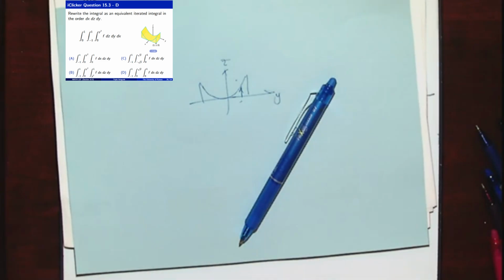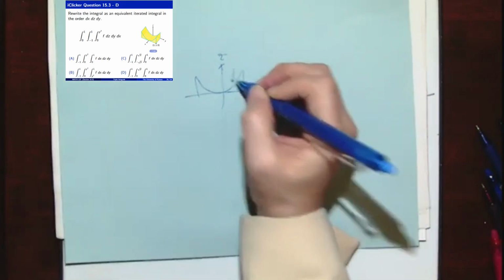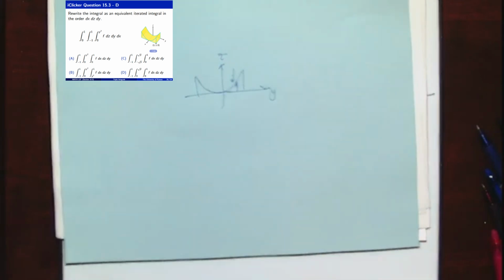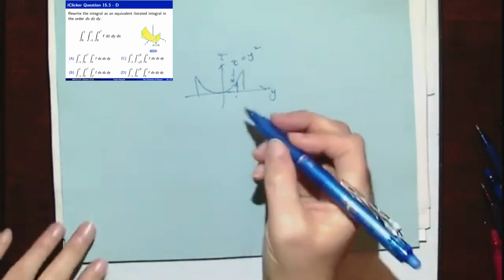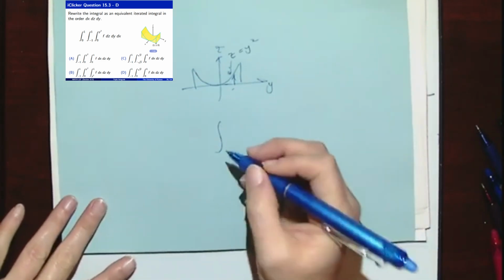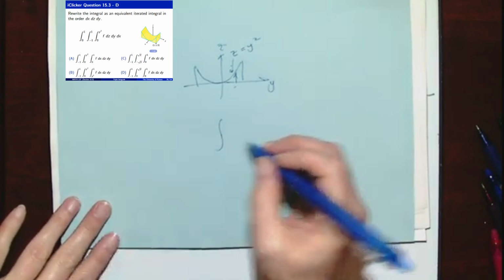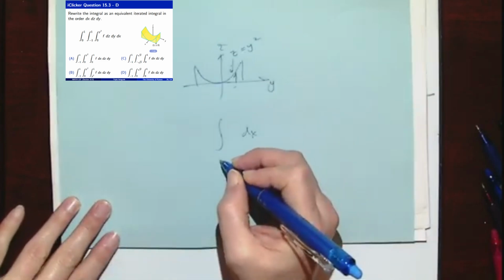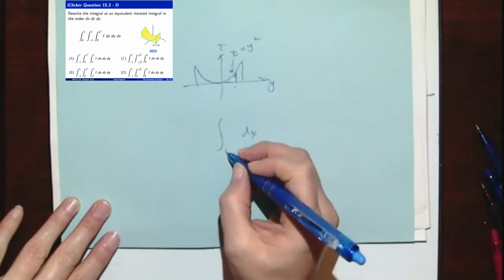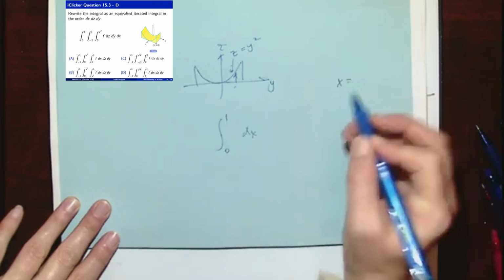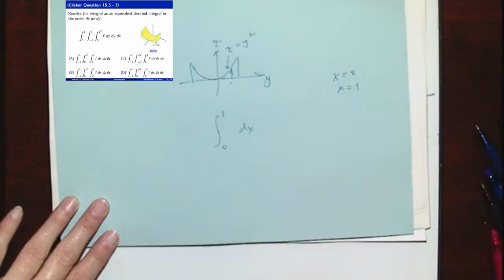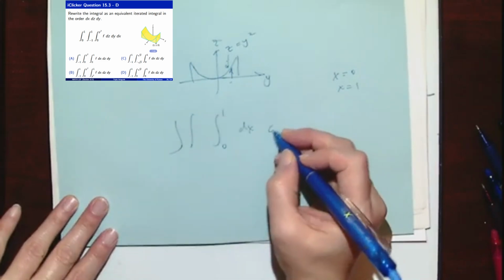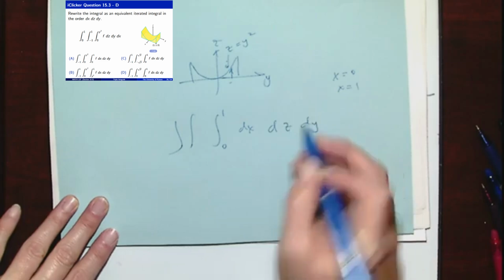No? What is this parabola? Z equal to y squared? Okay, so the most inner is what? dx goes from what to what? It goes from the plane x equal to 0 to x equal to 1. Agreed? Yes. Now I have these two, and I want dz first and then dy.